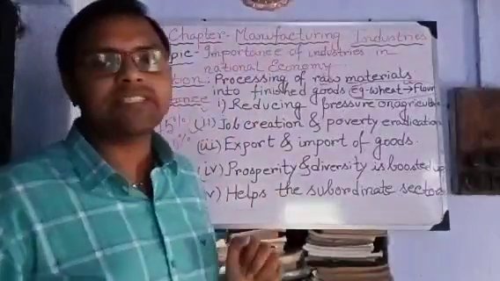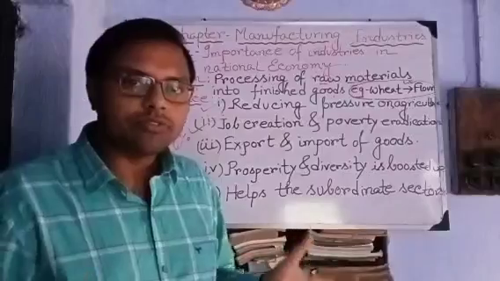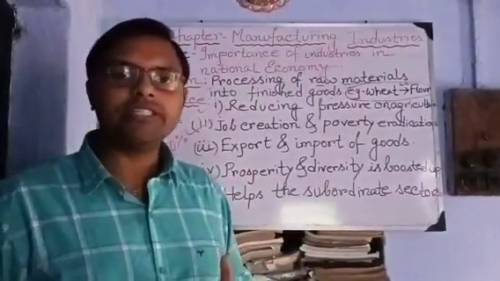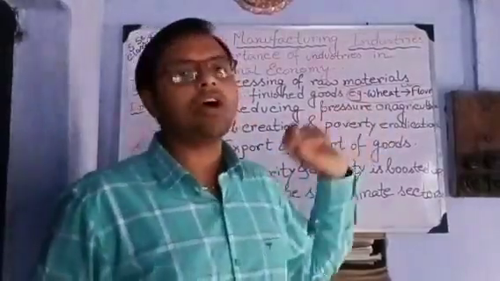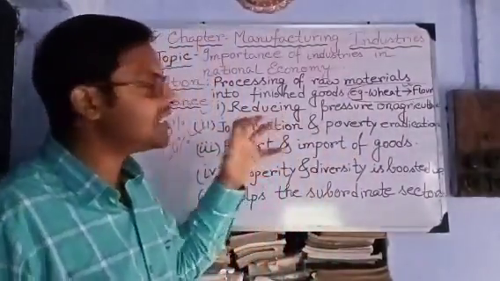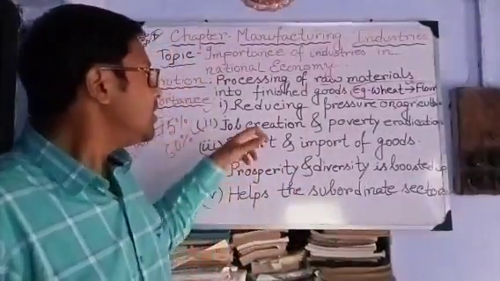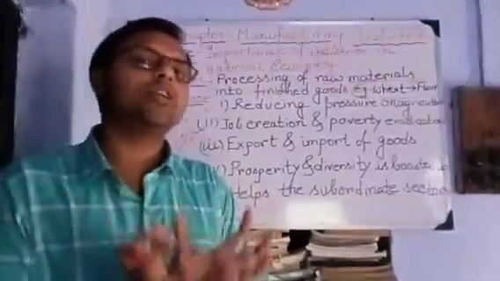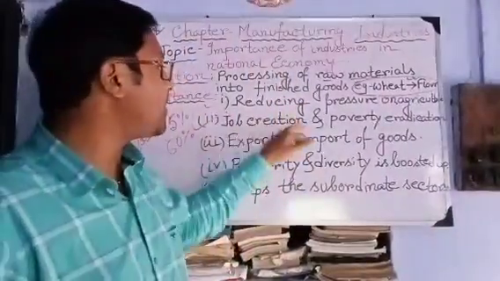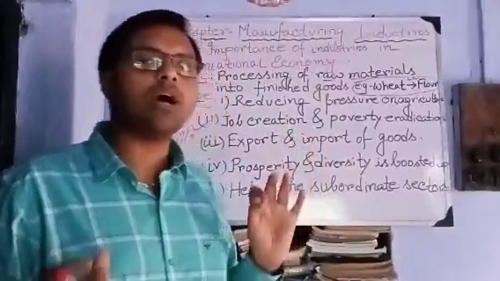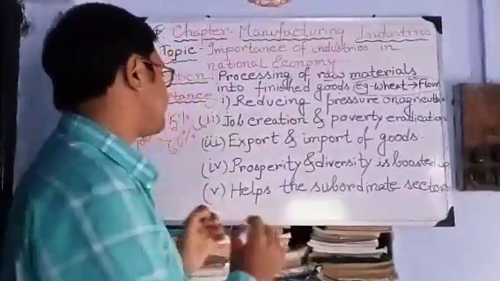Because the manufacturing industrial sector has created great job opportunities for Indians and common people, which has helped the eradication of poverty, because the agricultural sector cannot boost up the economy unilaterally. If a country wants to develop, then it needs a manufacturing industrial sector. So job creation and poverty eradication is also a great importance of this sector for the national economy.